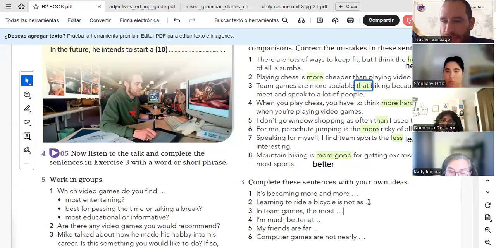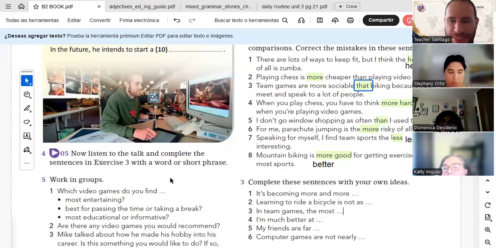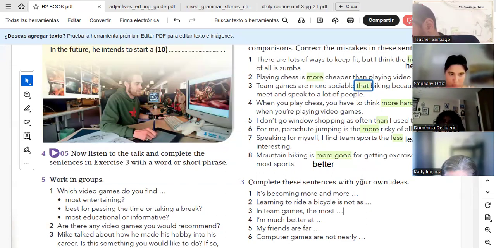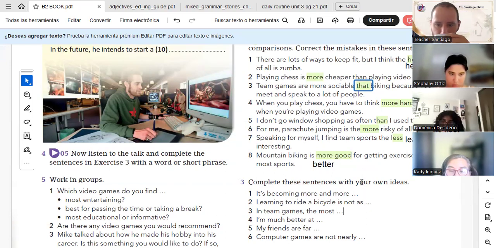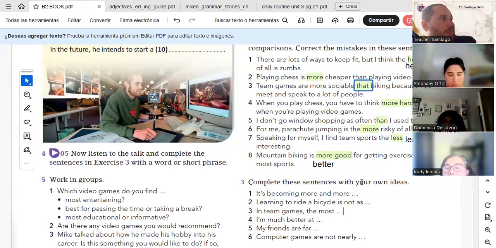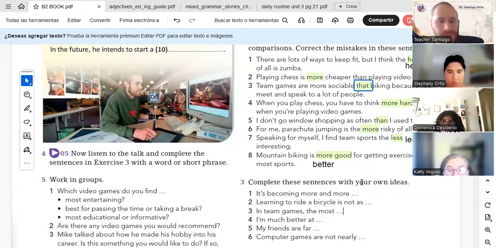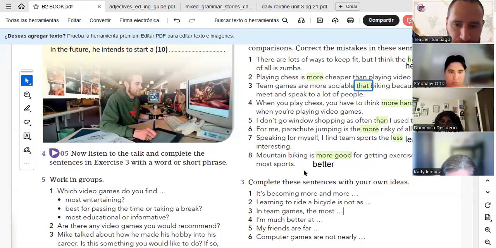Okay, guys, let's try to finish in 2 minutes more, okay? 2 minutes more to finish, to continue, please. Let me see. Well, Dominica.